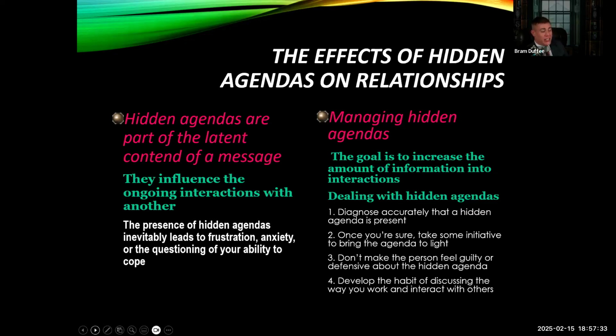So, hidden agendas can create a ripple effect in relationships. Imagine you're working with someone who continuously skirts around providing clear answers or withholding critical details. Over time, this evasiveness could lead to frustration because you never quite feel on the same page.